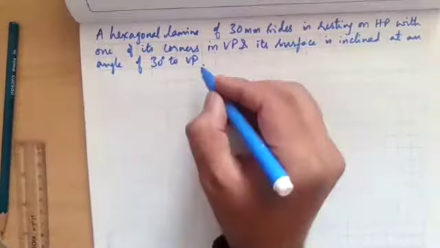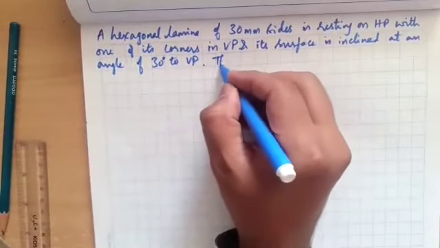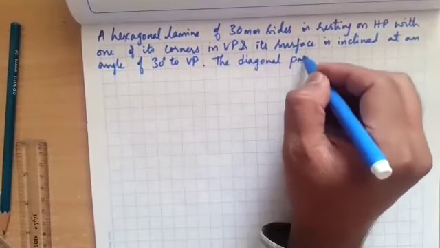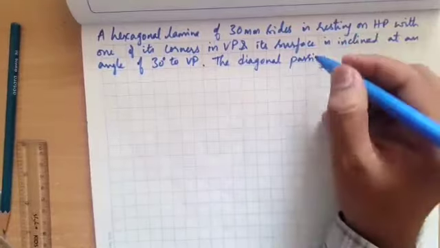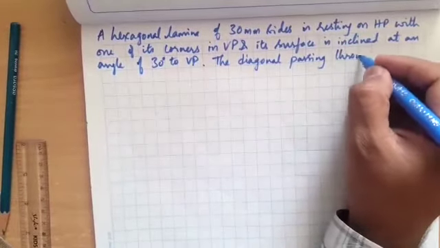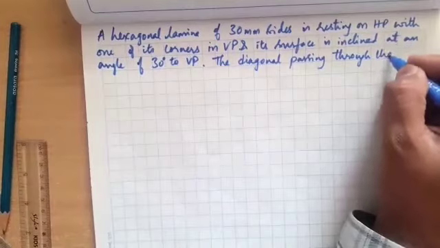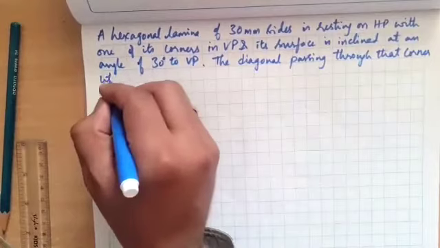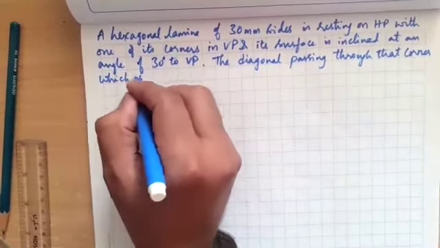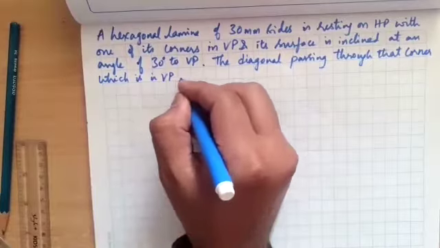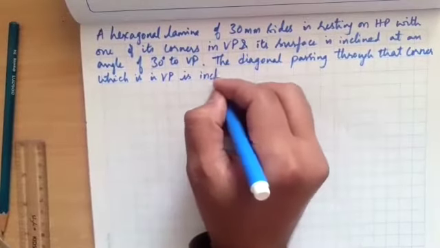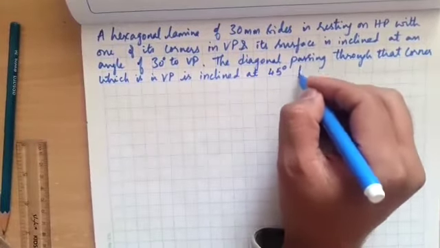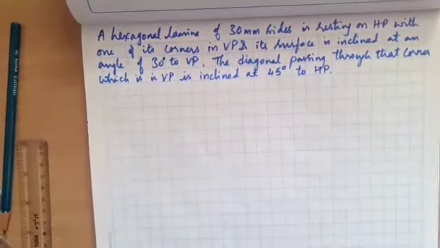Surface is a line at 30 degree to VP, and the diagonal passing through that corner which is in VP is inclined at 45 degree to HP.